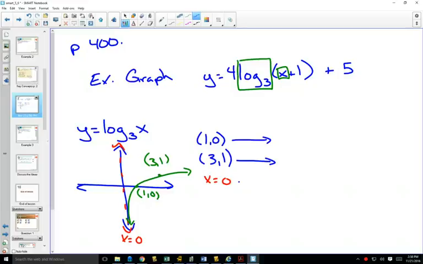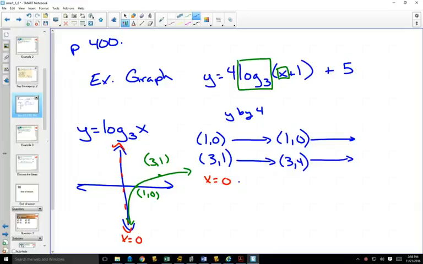Moving from left to right, we always did our stretches and compressions first. So we hit the 4. That's going to be a vertical stretch. It's going to multiply our y values by 4. Do we have a horizontal stretch in this one? No. So the only thing we're going to do first is multiply our y values by 4 and get those 2 points.